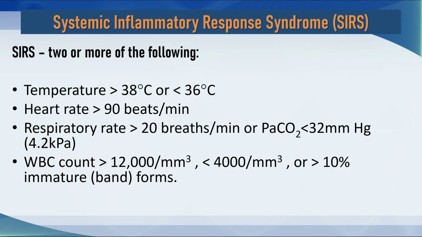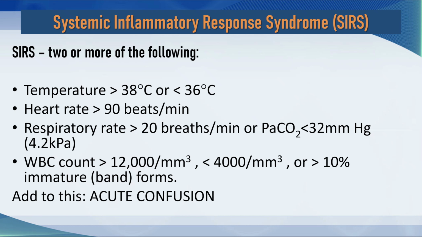So 2 of those, and then evidence of infection. And to this, I would add acute confusion. And these criteria have been very robust for picking up sepsis over many years, and there's a lot more to them, and I would refer you to your local hospital protocols for sepsis screening.